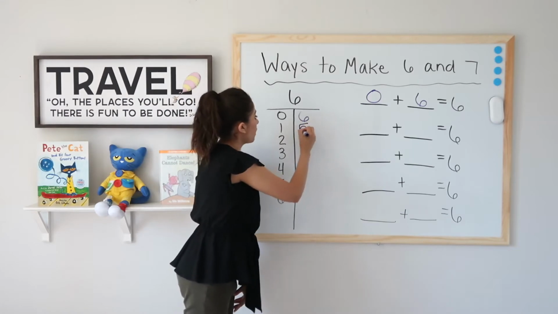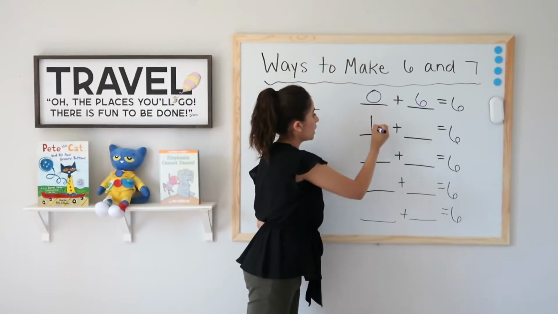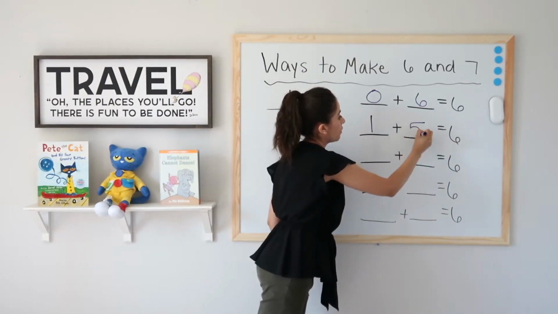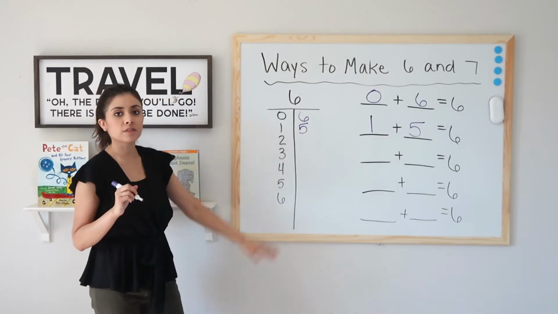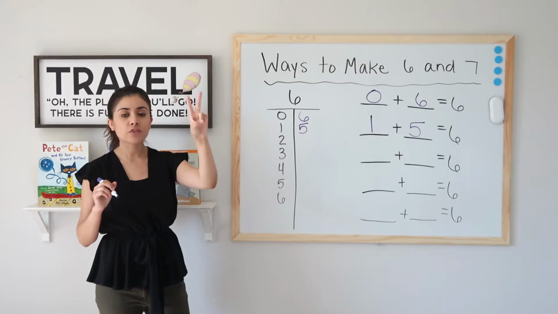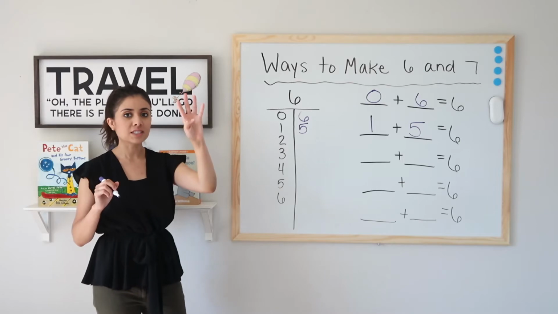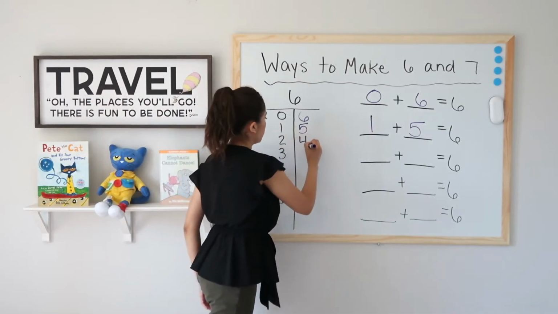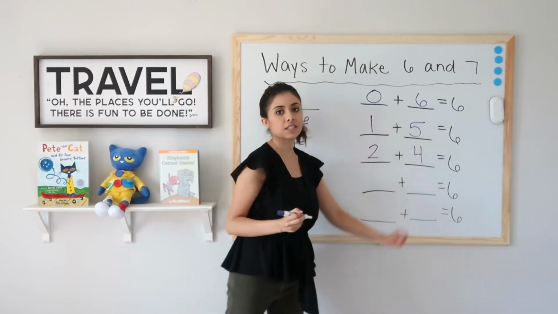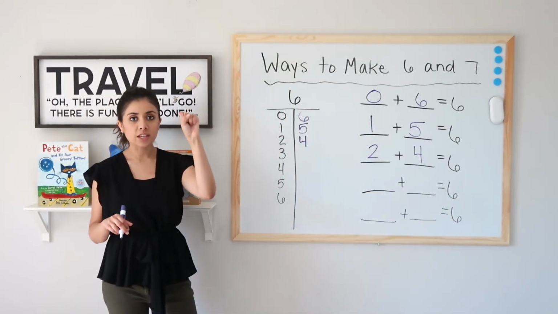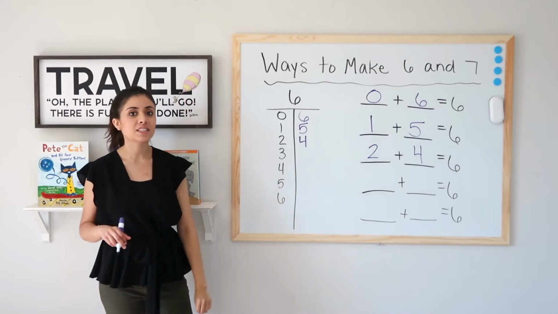So I will write my 5 on the other side of my T-chart and over here as well. 1 plus 5 equals 6. 2, 3, 4, 5, 6. 2 plus 4 is 6. 2 plus 4 equals 6. 3, 4, 5, 6. 3 plus 3 is 6.